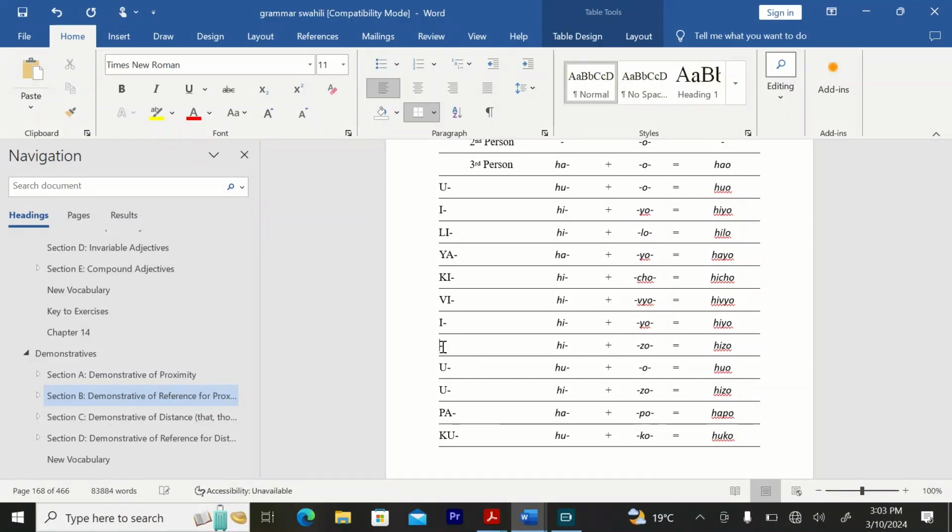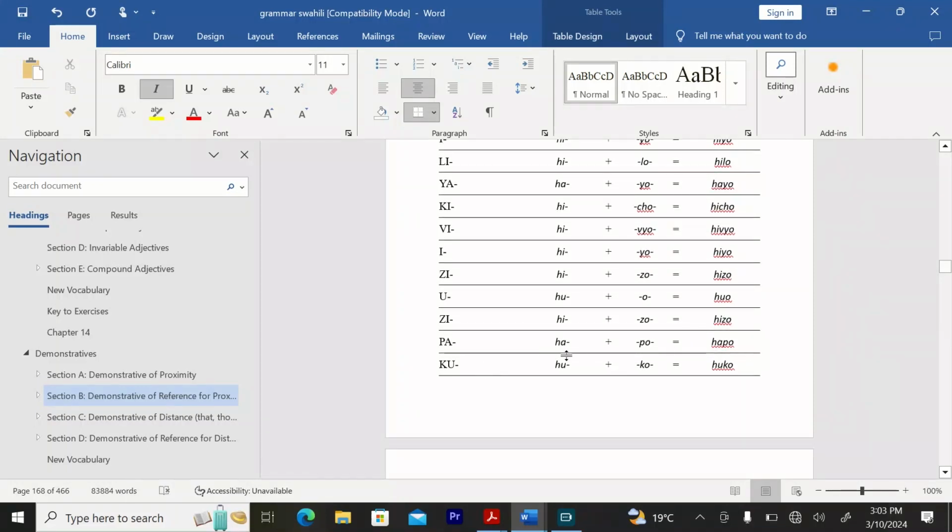Then we have u-zi. We have hu plus o and hi plus zo to form huo and hizo. Uzi huo, uzi hizo.